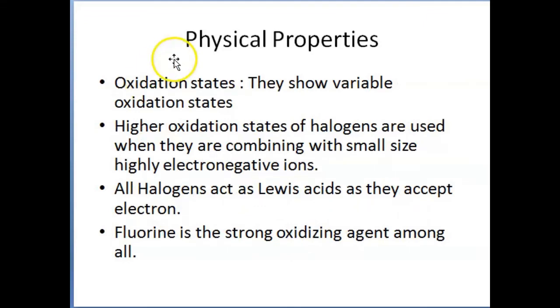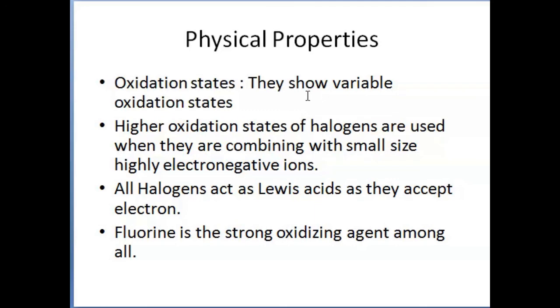If we discuss the oxidation state, they show variable oxidation states. Higher oxidation states of halogens are used when they combine with small-sized, highly electronegative ions. All halogens act as Lewis acids because they have the tendency of accepting electrons, and fluorine is considered the strongest oxidizing agent among all.